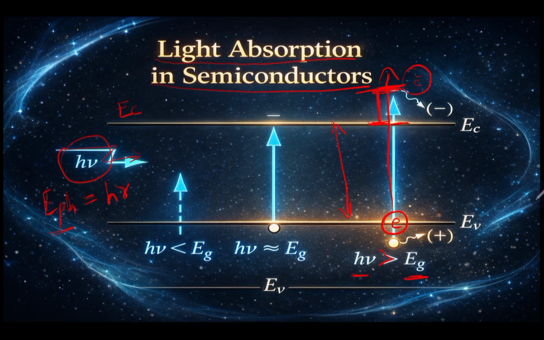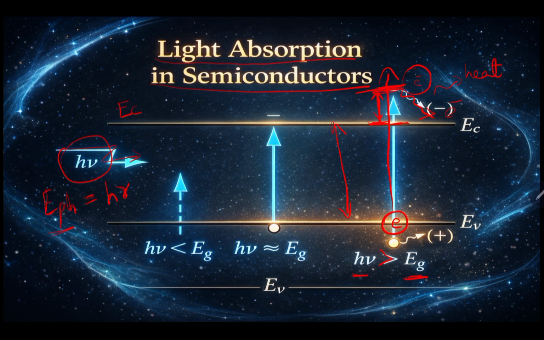Therefore, this electron will relax back to the conduction band edge. During this process, the electron releases this difference in energy in the form of heat.